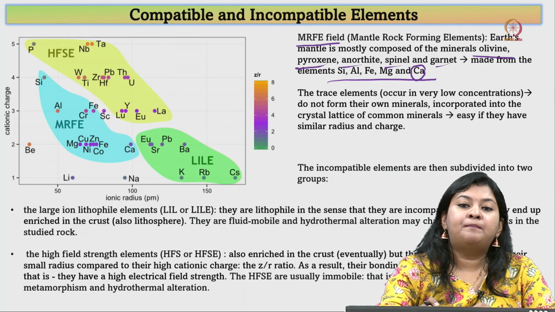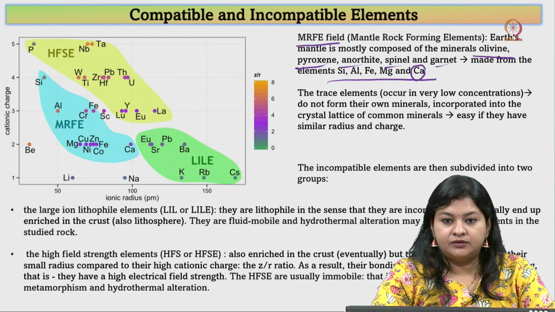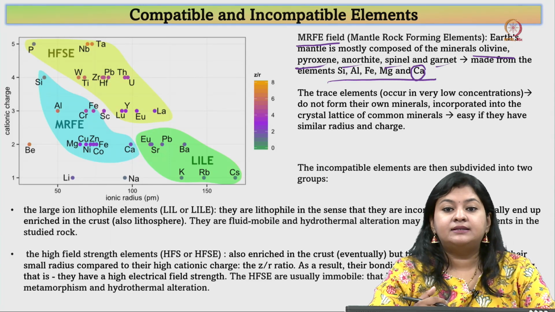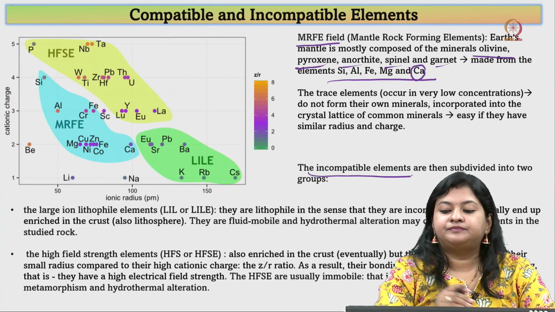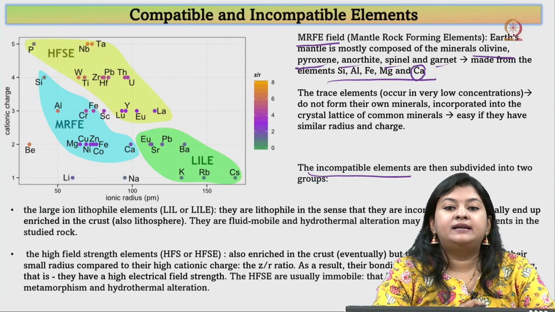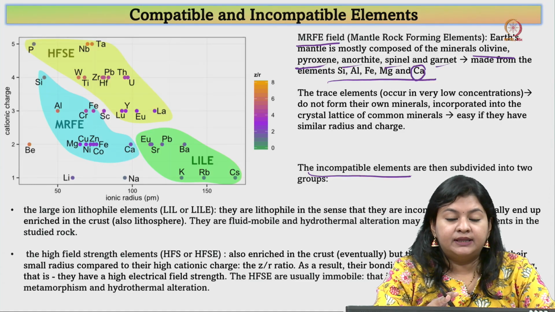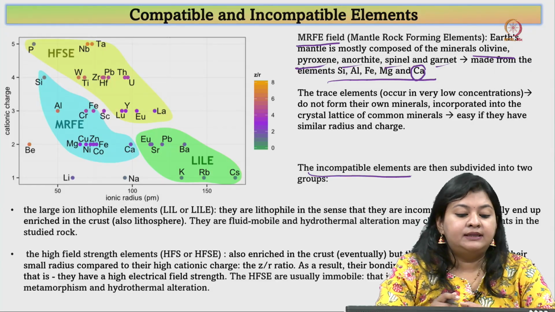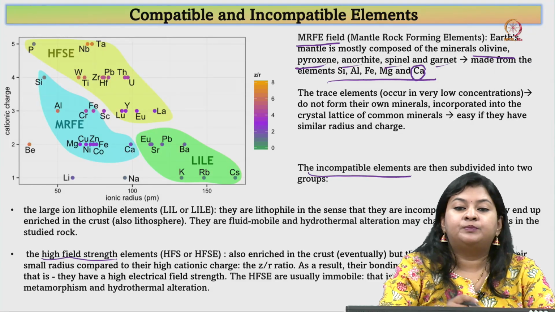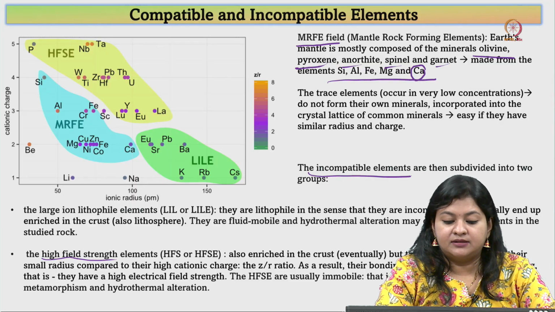Okay. So, these are the compatible elements, the mantle rock forming elements. Otherwise, there is another group called the incompatible elements, and this group again is divided into two groups. We have already discussed, one is the lithophile group, the silicate phase loving elements, and the other is the HFSE group, high field strength elements.